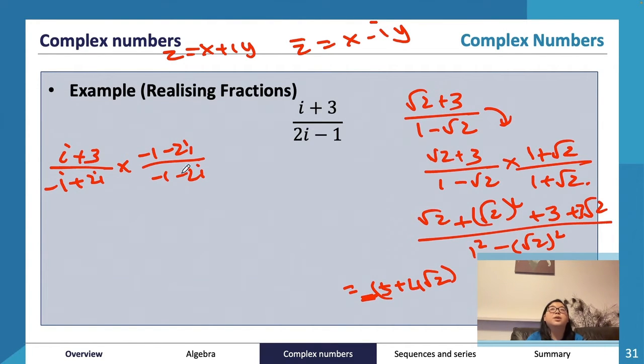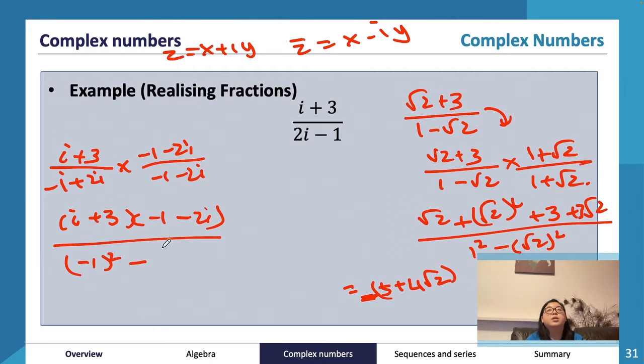But let's just do it this way for convention's sake. So when we times that across, we'll get this as (i + 3)(-1 - 2i), and that's going to be all over (-1)² - (2i)².